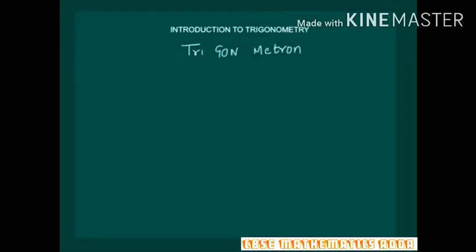So trigonometry is derived from the three Greek words tri, gon and metron. Tri means three, gon means sides, and metron means measure.